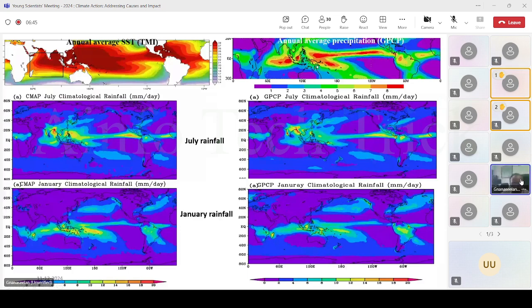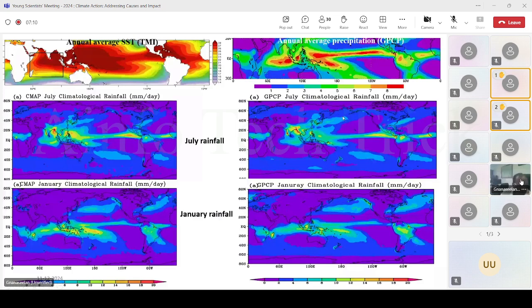You can see the high precipitation over the warm tropical oceans, and this is the CMAP July precipitation, and bottom is the January precipitation. So you can see the patterns, and it's seen in GPCP as well. So I mean, they are all similar.